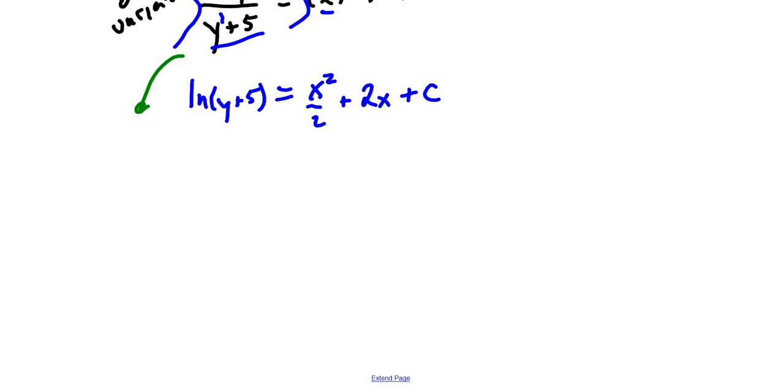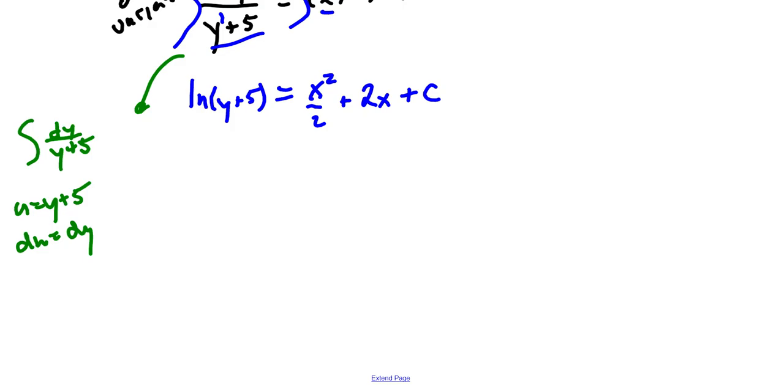If we had the integral of 1 over y plus 5 dy, we would take u equal to y plus 5. Then du equals 1 dy.